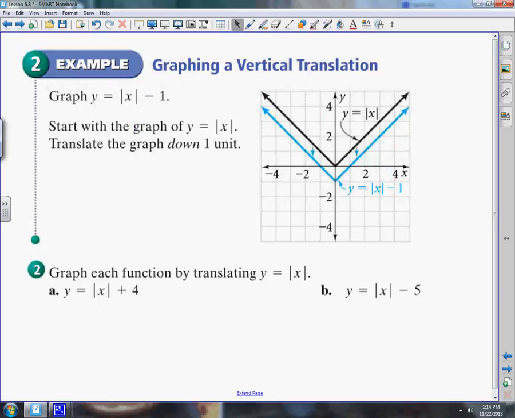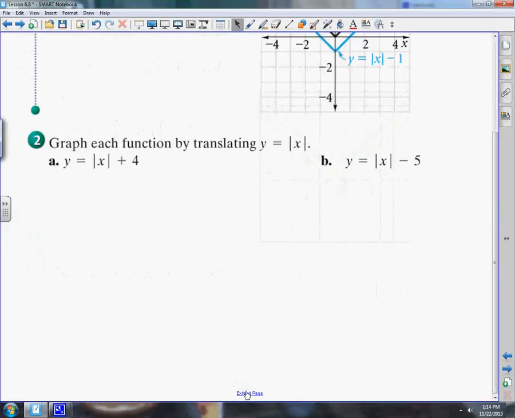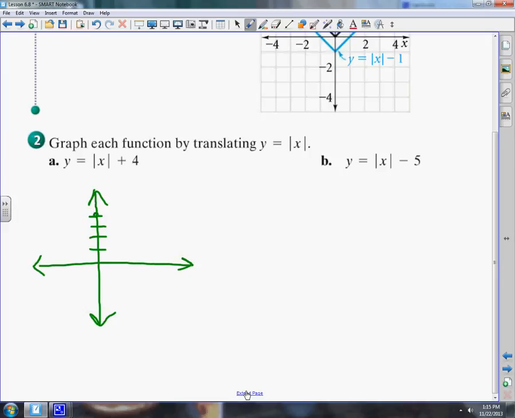Now, graphing a vertical translation. So you're going to start with this graph, and you're going to translate the graph down 1 unit. So try these two in your notes. Okay, so really what you're graphing is the y-intercept. You're going to start there at 4.